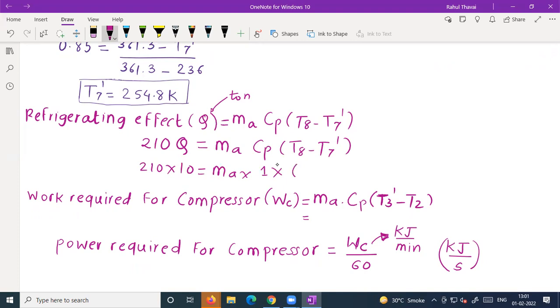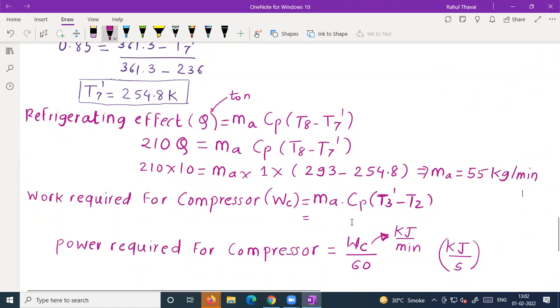T8 is already given in the problem, 293. T7 dash we already calculated as 254.8. From this we get the mass of the air equal to 55 kg per minute.